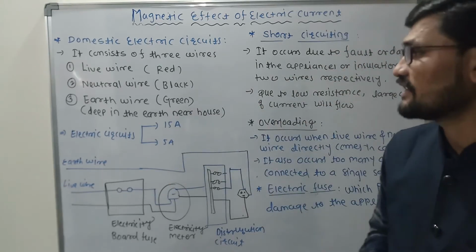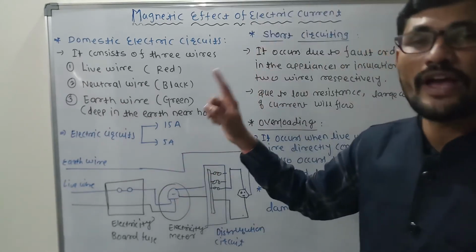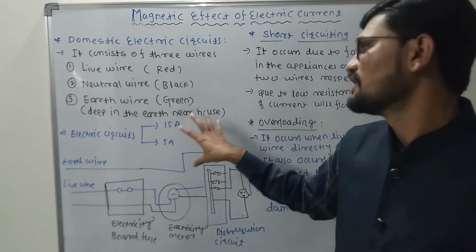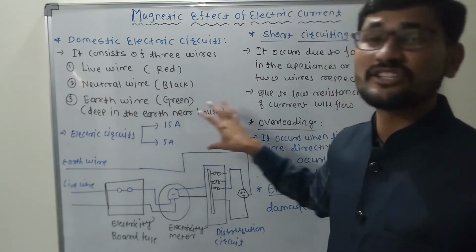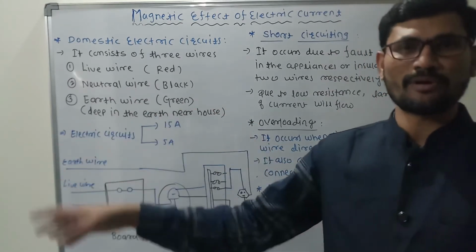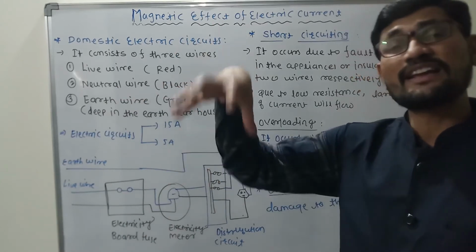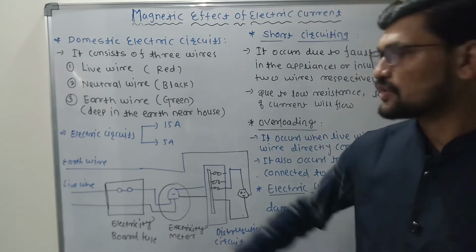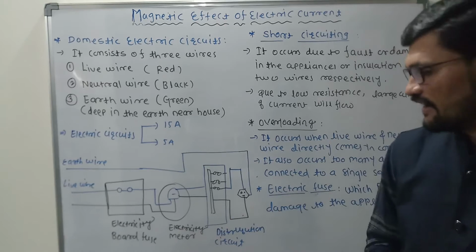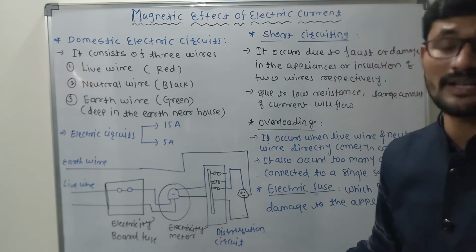That is the reason it prevents severe shock while using such appliances. That is the use of the earth wire, and that is why it is placed deep under the earth, because earth is always considered as the ground.